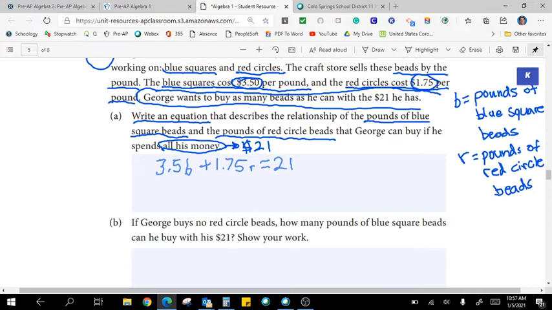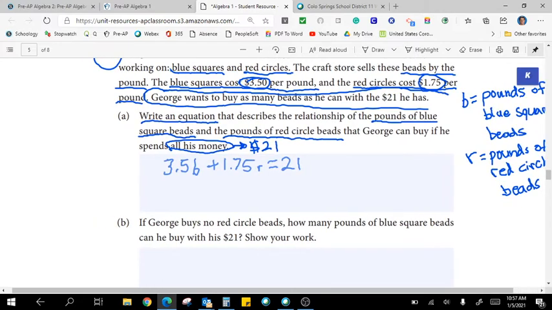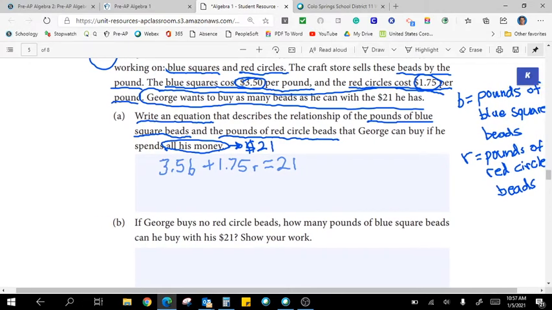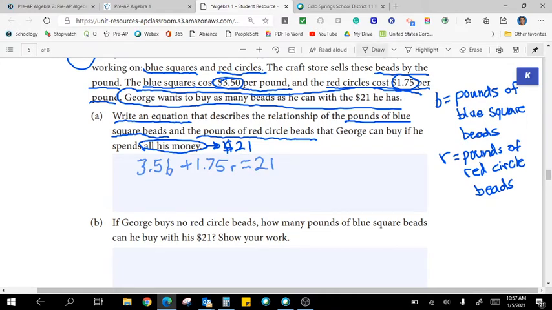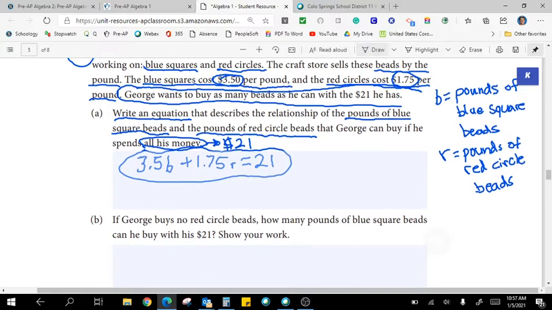So that part is answered. There's my equation. It says write an equation, so make sure that you go back up and check to see if you've answered the question.